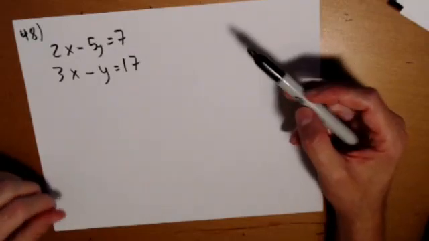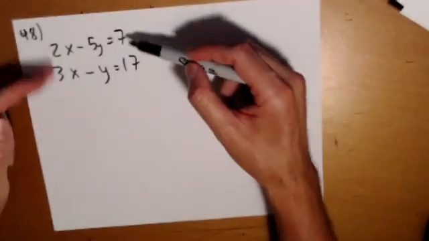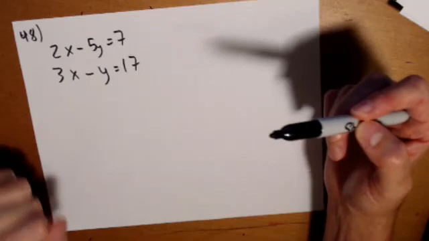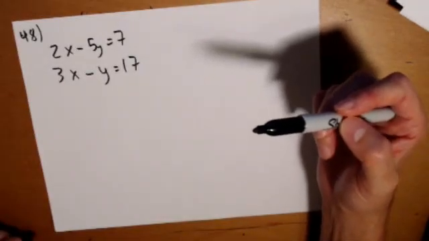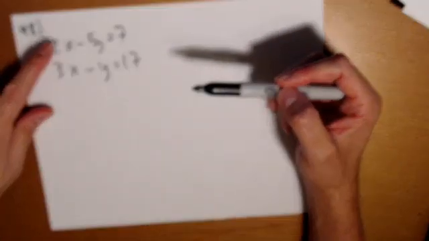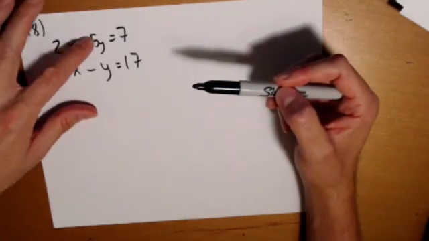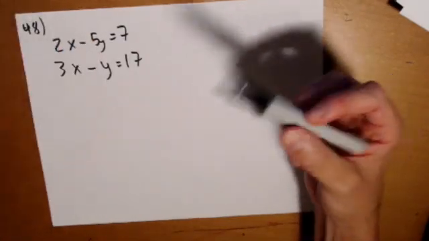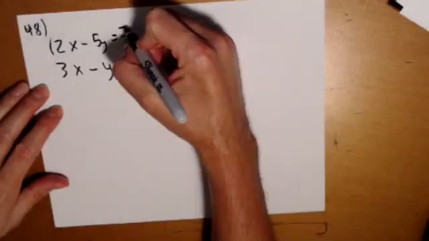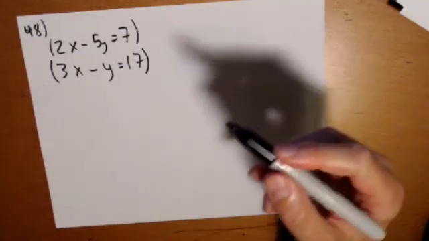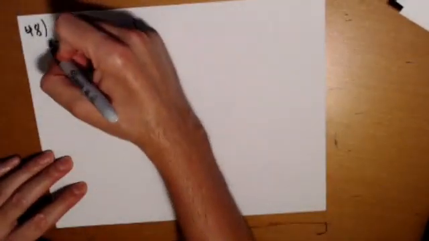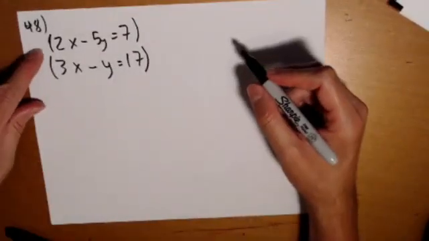Okay, so the goal is to find an x and a y that make them both true. So here's the idea. Let's try and get rid of the x's or the y's. I see 2x, I see a 3x, minus 5y, minus 1. Sometimes it's better to just do the problem and then we'll try and make sense of it. Tell me if this makes sense.